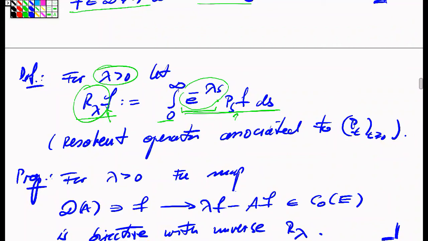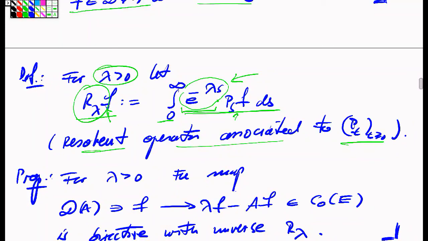This, as you can convince yourself easily, is a bounded operator on function space, and it's called the resolvent, the lambda resolvent to be precise, associated to the semigroup. In its structure, it resembles a Laplace transform, which is just taking exactly this integral over a certain function.